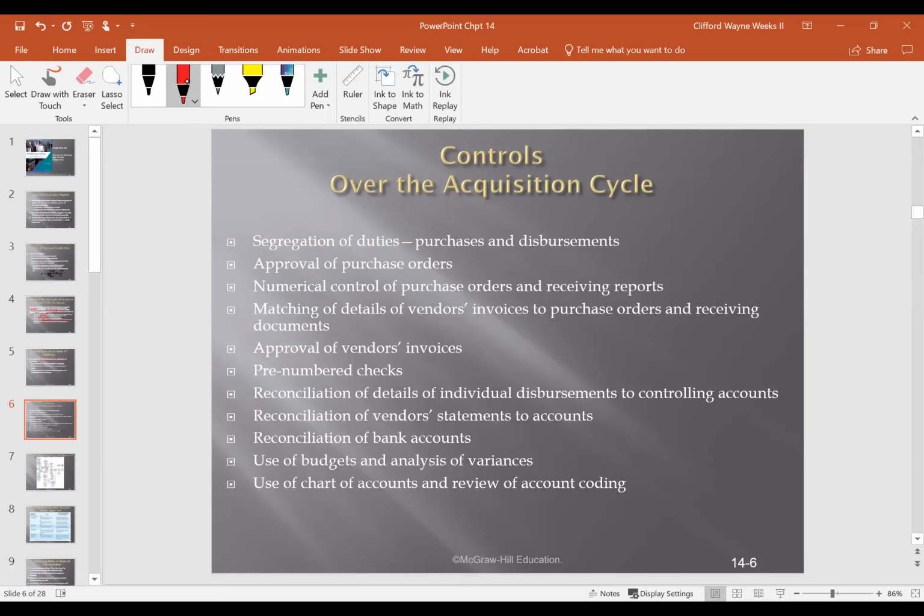So using your subsidiary ledgers and controlling accounts, reconciling of vendors' statements to accounts, reconciliation of bank statements, use of budgets and analysis of variances, and use of chart of accounts and review of accounting code.